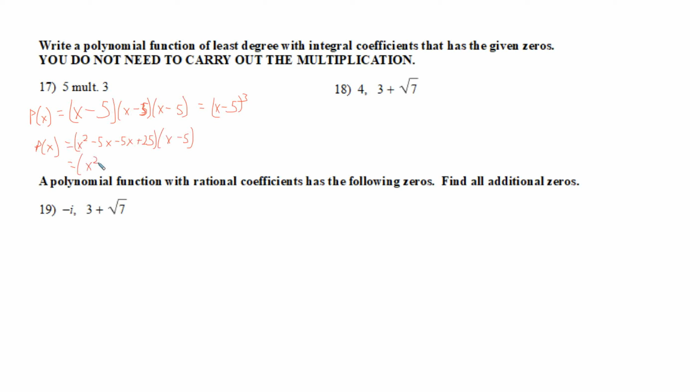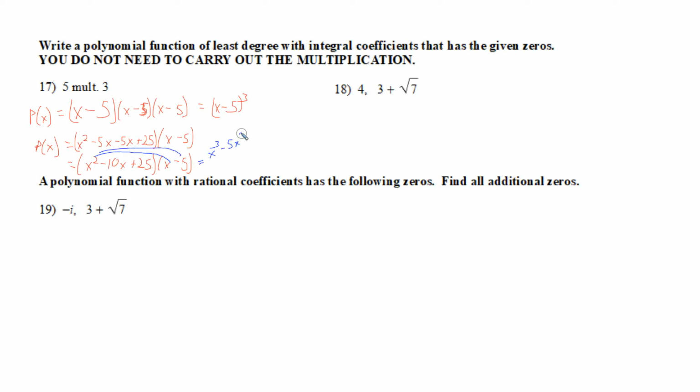x squared minus 10x plus 25. And now we can't use FOIL because this is 3 terms, but we can distribute each of these. So x squared times x, this is going to get messy, is x cubed. x squared times negative 5 is minus 5x squared.